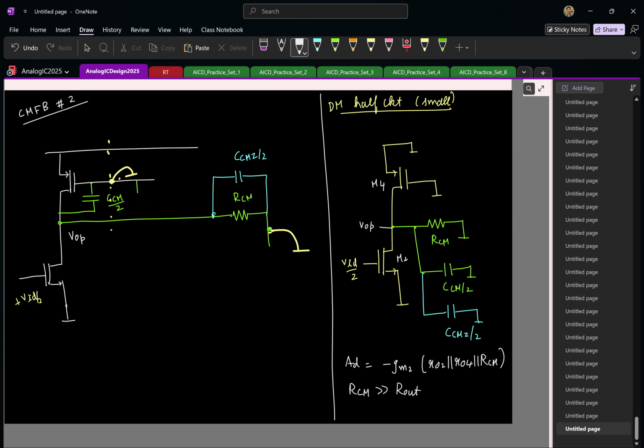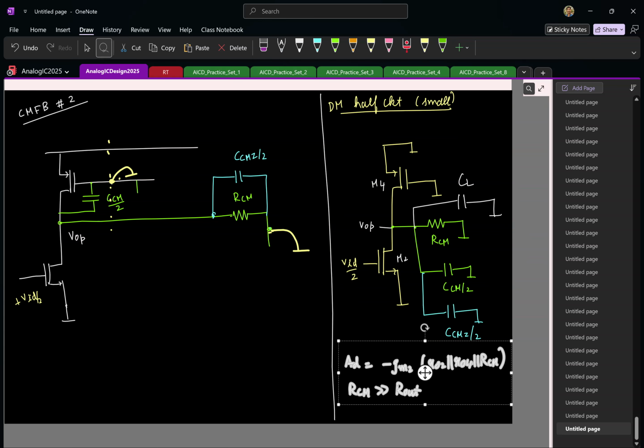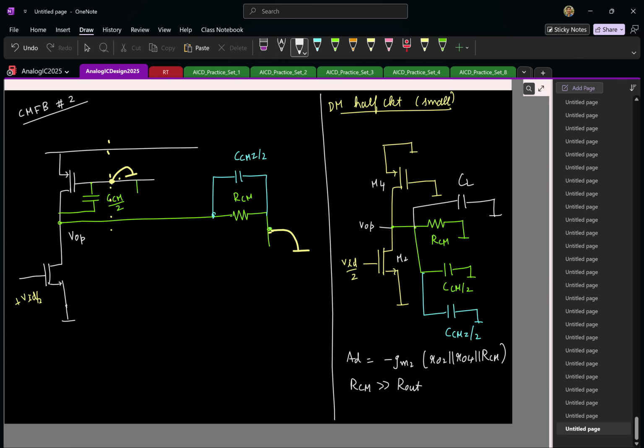And let us say you had a load capacitor also here to start with. In the differential mode, let us say you had a load capacitor. Now what can you say about the unity gain frequency of the amplifier for this? How will you find the unity gain frequency?